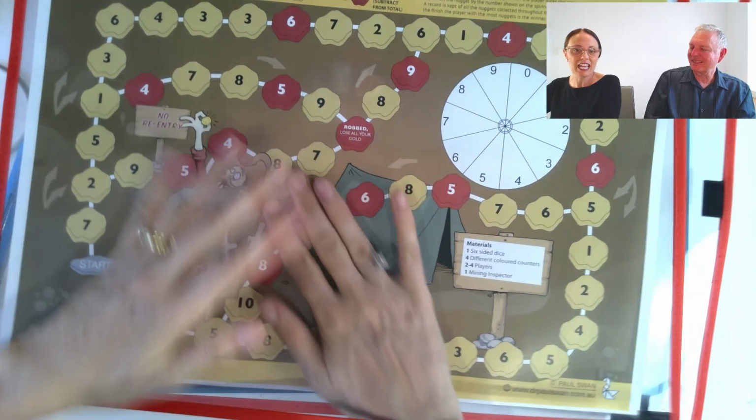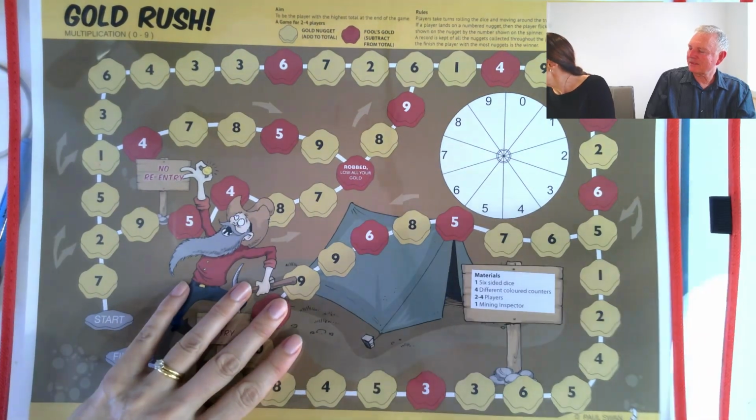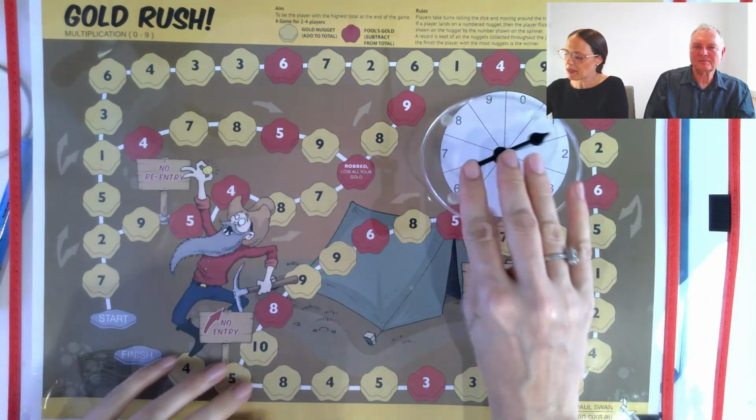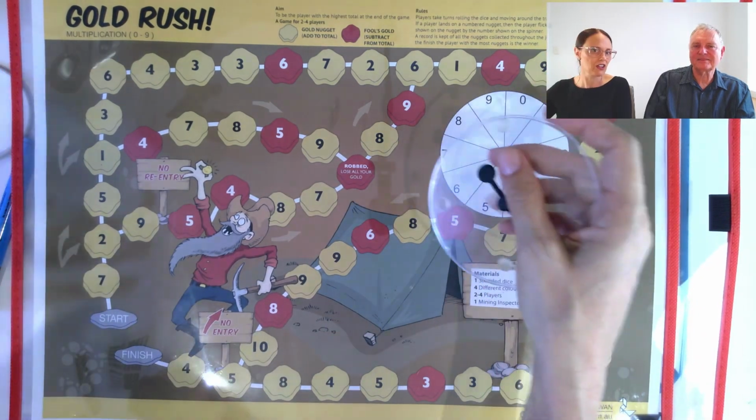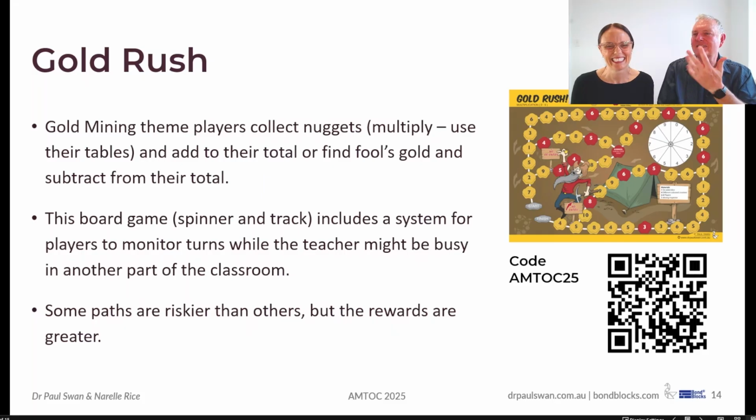So it's the same routine with the right and white sleeve, and then we're also using the plastic spinner. The same spinner goes on top there. So you could just see how that then goes from one to the other. And we are getting some A3 sleeves without the Velcro. But the other reason I like this is that some tracks are riskier, but the rewards are greater. So it's just looking at some of those sort of things.